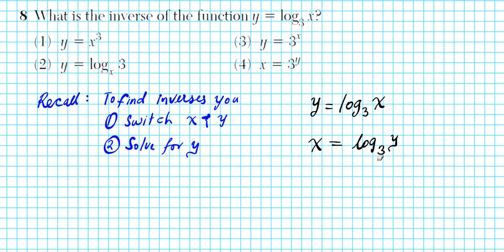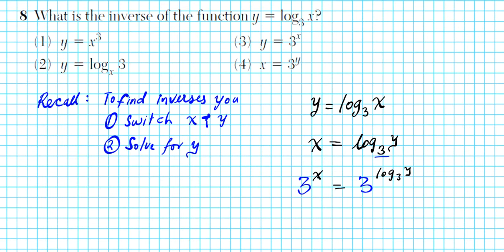Now to get rid of the log base 3 on the right, which will result in the isolation of y, we're going to make use of the inverse of logarithms, which is exponentiation. Since the base of this logarithm is 3, we're going to put a big 3 on the left and right sides of our equation. Exponentiate, so we have 3 raised to the x equals 3 raised to the log base 3 of y. Okay?